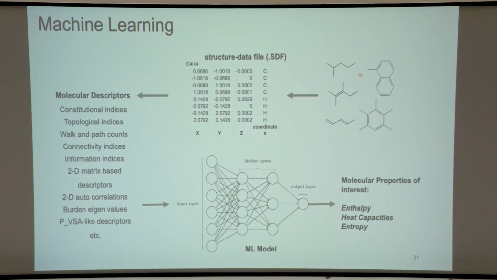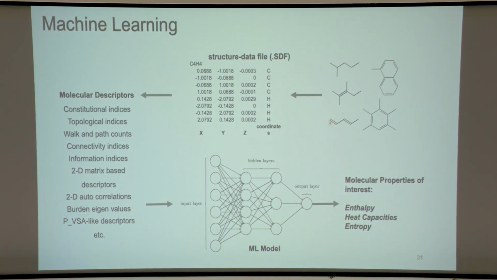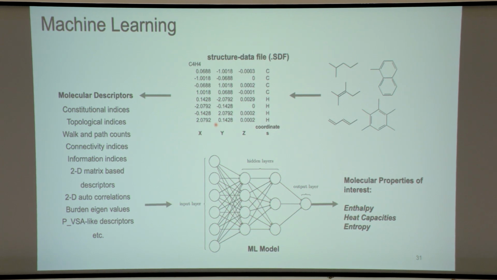You can even upload a drawing of your molecule. And then from that, you can translate this into a matrix, yeah? So this is basically what we call a bond connectivity matrix, which basically says the orientation. Each row here is a different atom, and each column is the x, y, z coordinate for those atoms. So you can take a molecular structure and translate it into a matrix. That's very straightforward, and everybody knows how to do that.